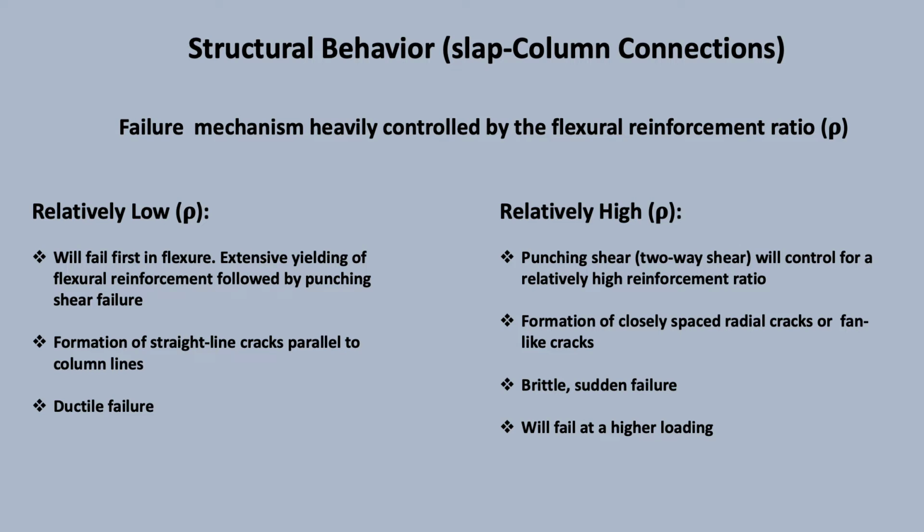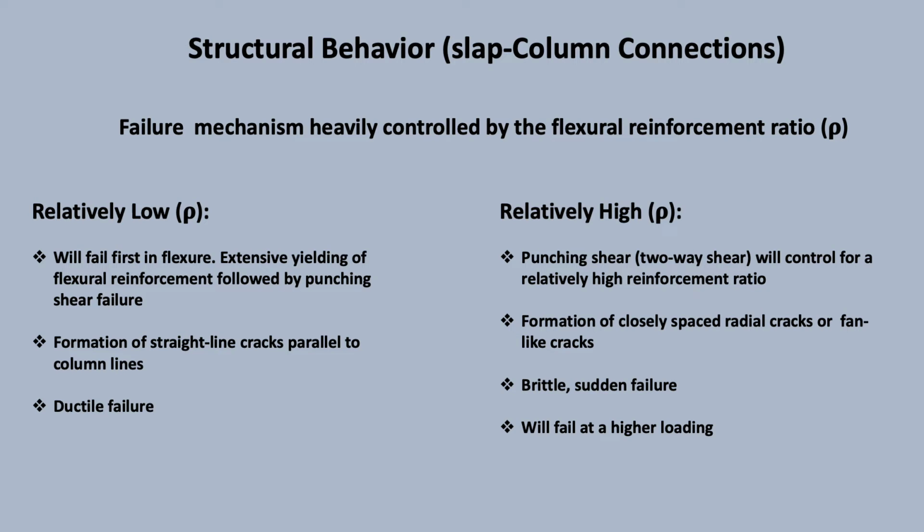A relatively low reinforcement ratio will lead to a ductile failure and the formation of straight line cracks parallel to the column lines. The structure will fail first in flexure. There will be extensive yielding of the flexural reinforcement followed by punching shear failure.